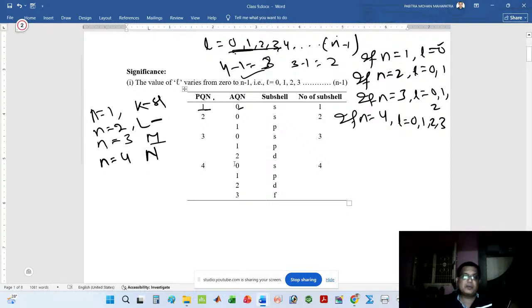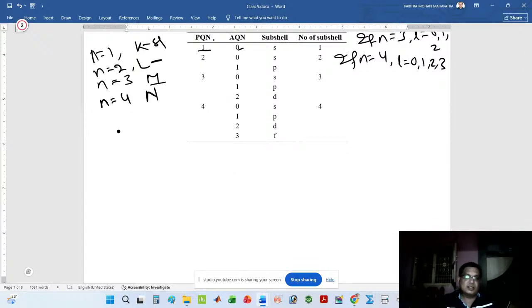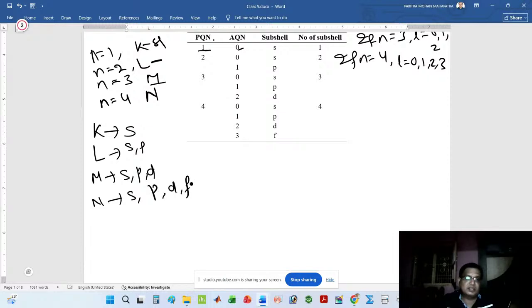Similarly, if you classify the subcells, look at that. K cell has one subcell, that is S. L cell has two subcells, one is S, another is P. Similarly, M cell has three subcells: S, P, D. N cell has four subcells: S, P, D, F. These subcells are numbered by the azimuthal quantum number L. For S, the azimuthal quantum number L is equal to 0.